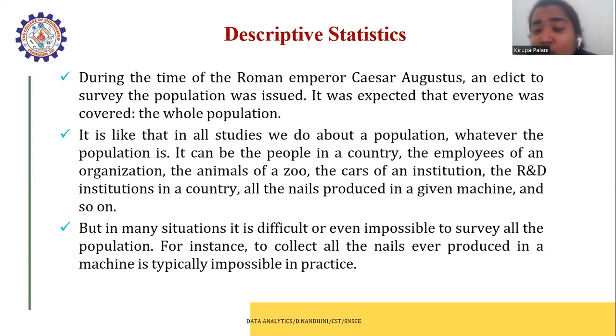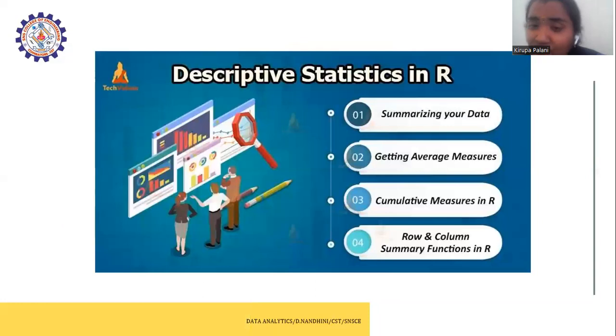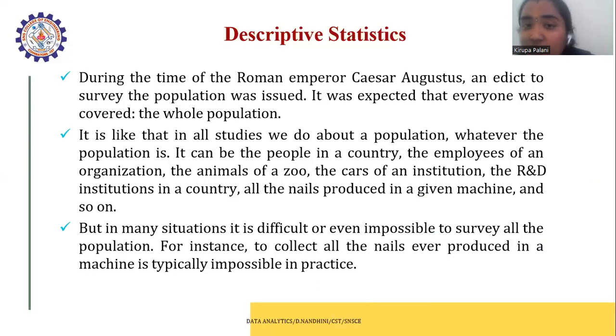But in many situations, it is impossible to survey all of these populations. This is typically impossible in a practical way, because maintaining all this data can be much more difficult to work with.